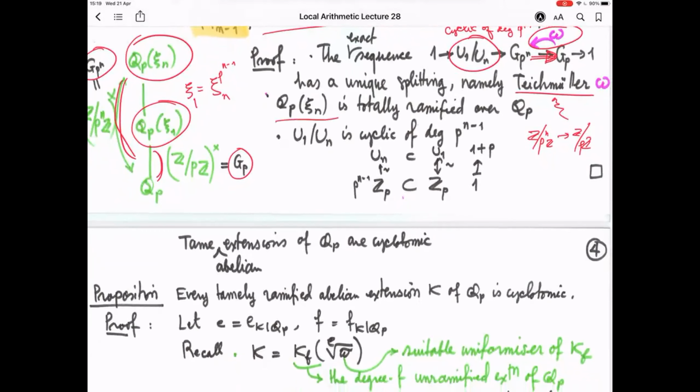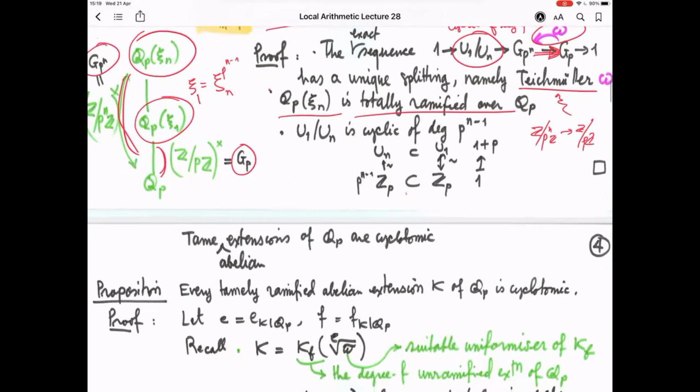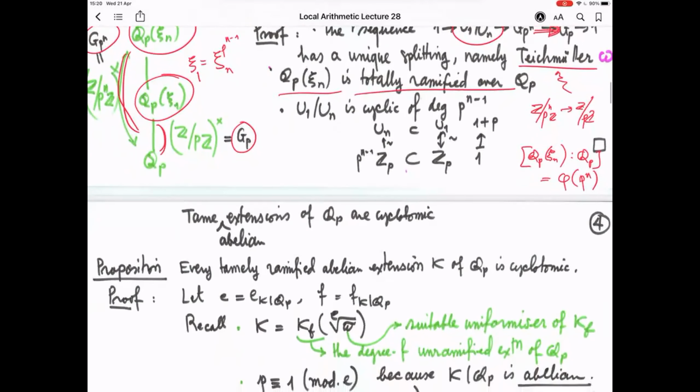The whole thing is totally ramified over Qp, and the degree of Qp psi n over Qp is phi of p to the n, the number of congruence classes modulo p to the n which are invertible in Z mod pZ. This we know is cyclic of degree p to the n minus 1.